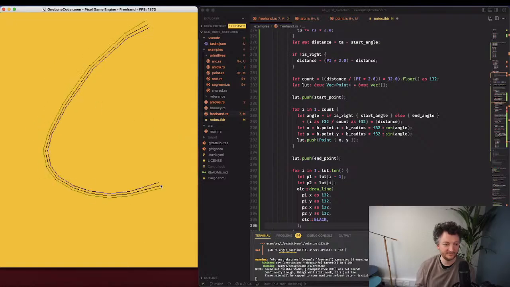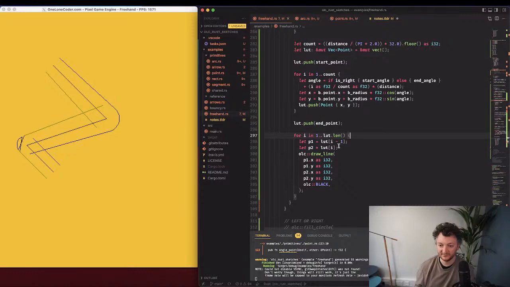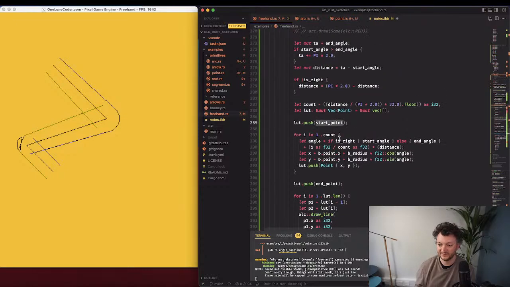That's good, except these corners are wrong. Man, that's actually really, really surprisingly good. This is the only issue, is that we are doing... hold on a second.